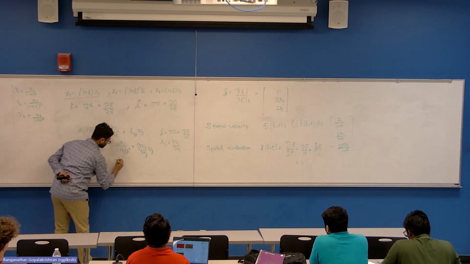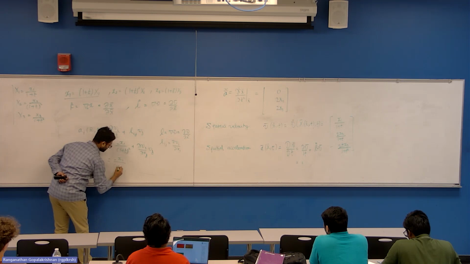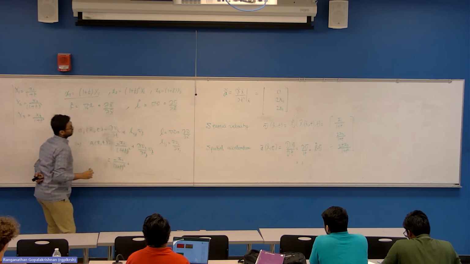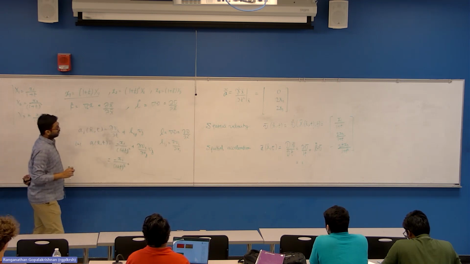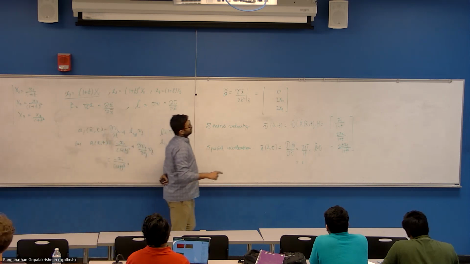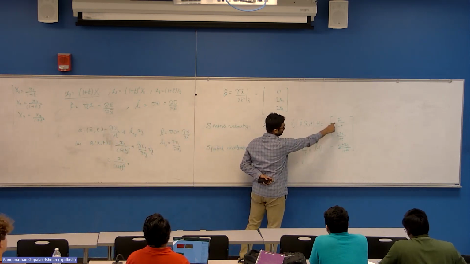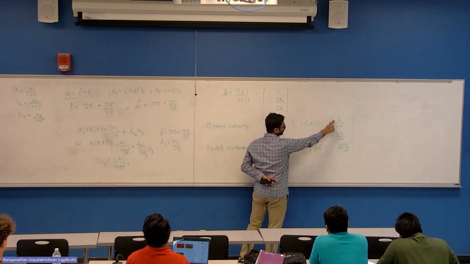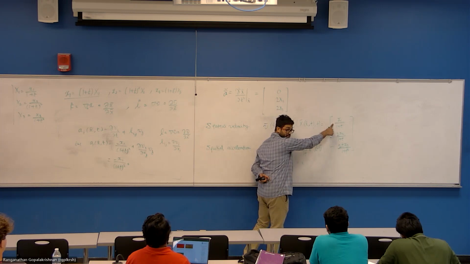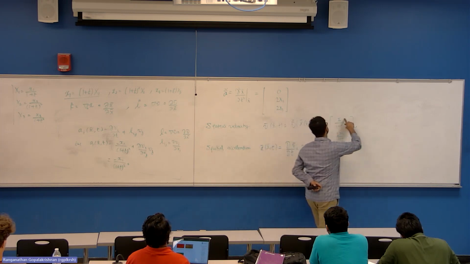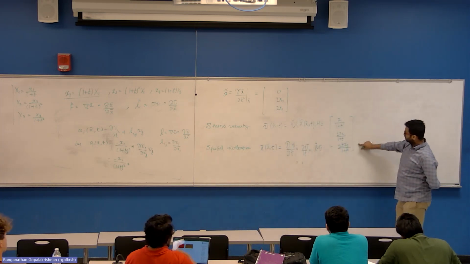This is minus x1 divided by (1 plus t) squared, plus, what is partial V1 over partial x1? It is non-zero. What is partial V1 over partial x2?